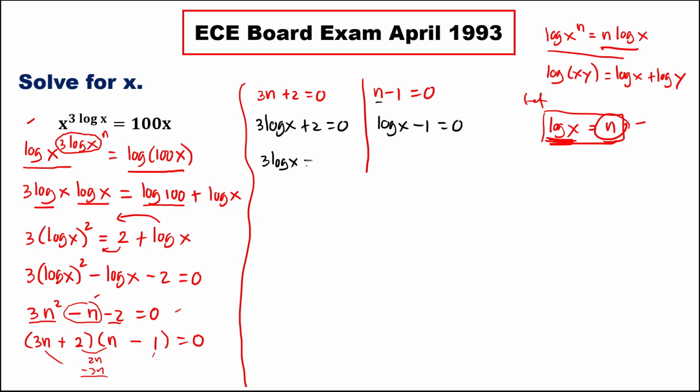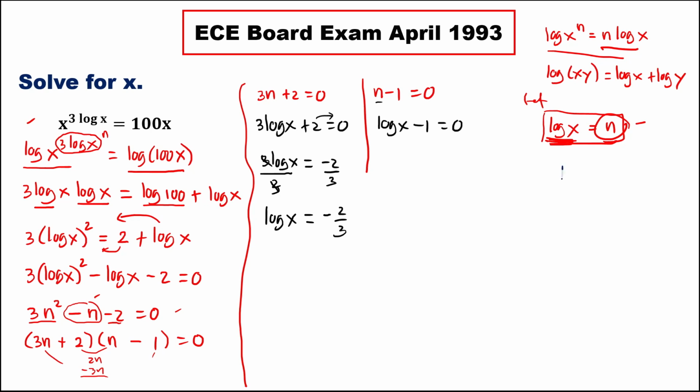Then to solve for x, we have 3 log x equals, transpose, negative 2. Then we need to divide both sides by 3. So we have now log x equals -2/3. Then from this, we need to rewrite in exponential form.